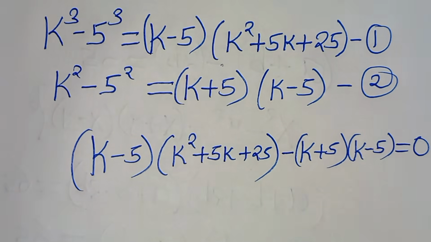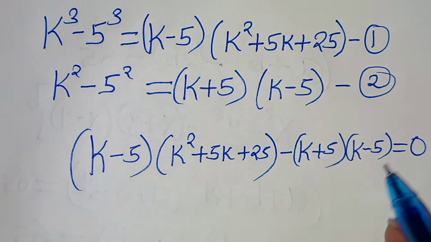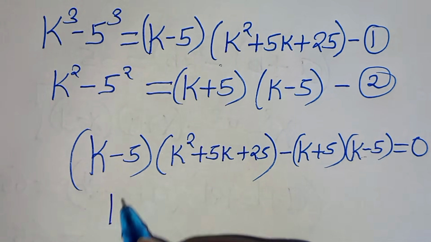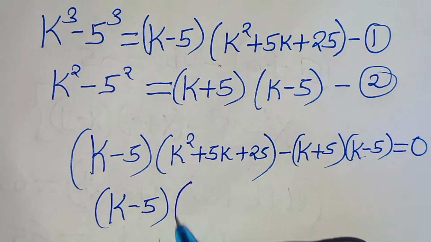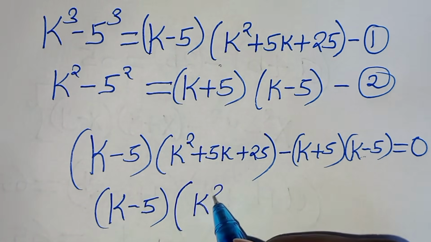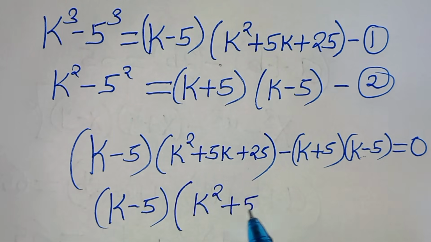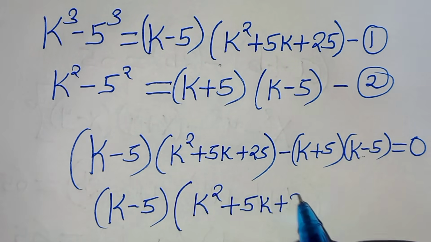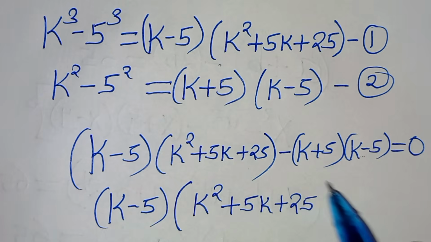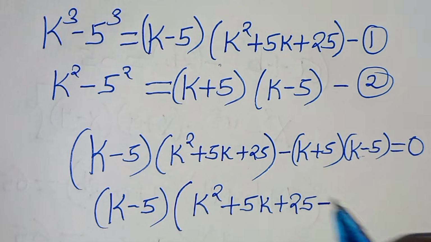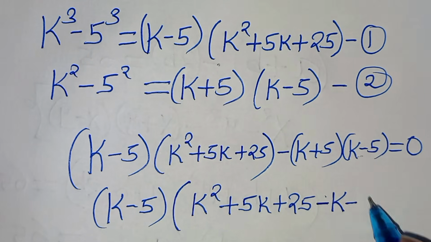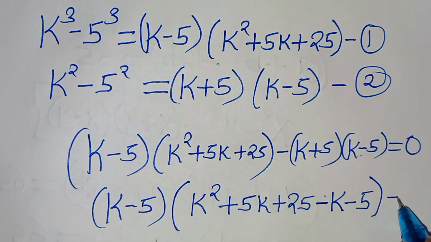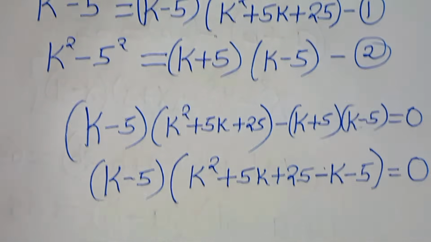So if you check here, we have that k subtract 5 is common, so we can factor out k subtract 5, so that now here we have k to the power of 2 plus 5k plus 25. Now here we subtract k, then minus times plus 5. This is minus 5, close the parentheses.